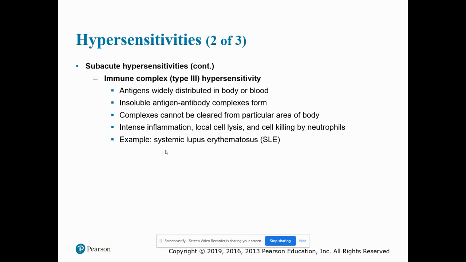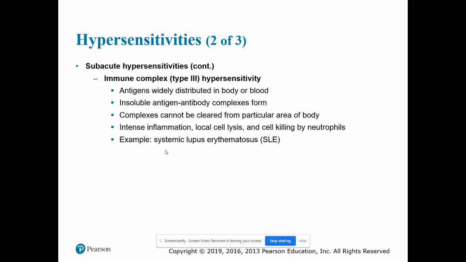And then we have immune complex or type 3 hypersensitivity. This is where antigens are widely distributed in the body or the blood, and large amounts of insoluble antigen-antibody complexes form, and they cannot be cleared from a particular body area. This causes intense inflammation, local cell lysis, and cell killing by neutrophils.